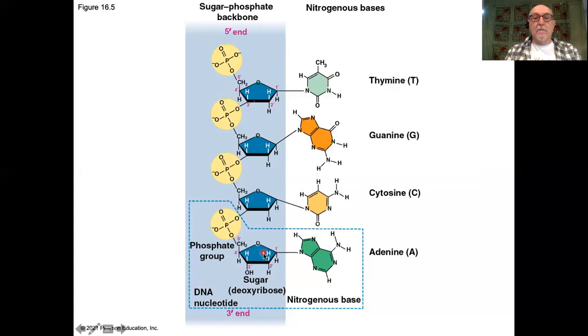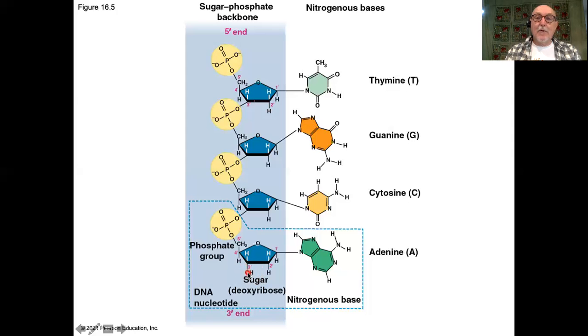Let's just notice up at this end here, there's a phosphate group there. Come down to the other end, and look, we have an exposed OH group. Where is it?